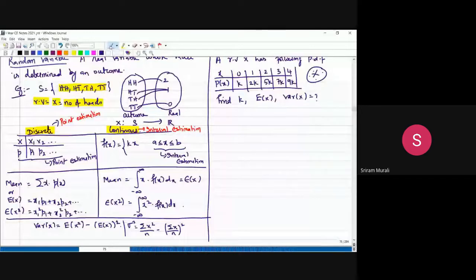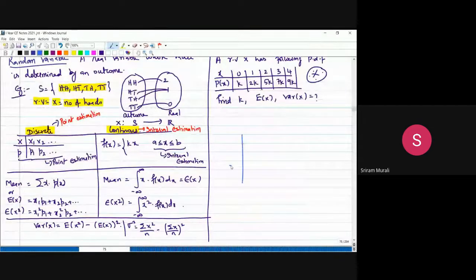X is a random variable. It takes a value x1, x2, x3, etc. P1, P2, P3 are the respective probabilities. X1 assigns to probability P1, X2 assigns to probability P2. It doesn't take any value in an interval. For an example, if you look at continuous, X is a random variable. It takes any value in the real line.